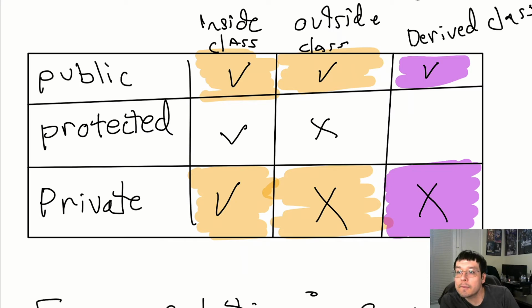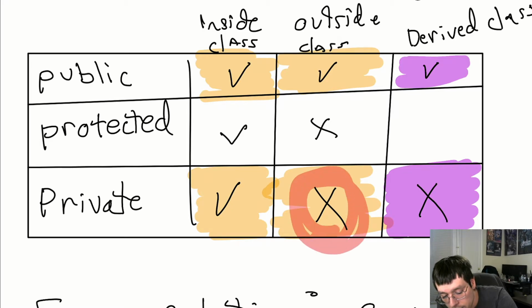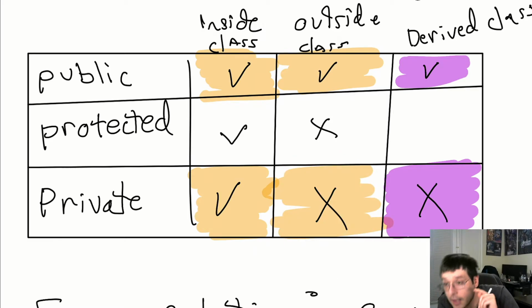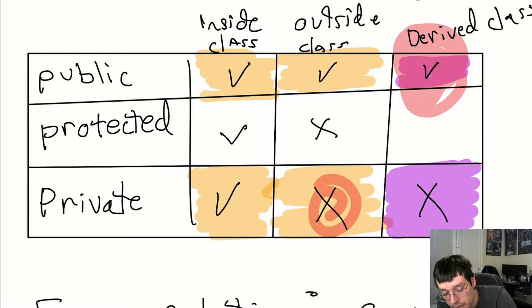And so the middle ground is going to be that we want to keep the same security as private does. So we want to keep this. This is a good thing for us. This is how we prevent people from breaking our code and then suing us because it doesn't work, even though they broke it. That's what we want. But we also want this part here that public provides. So we want this, and we want this.